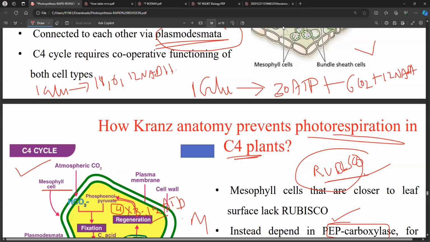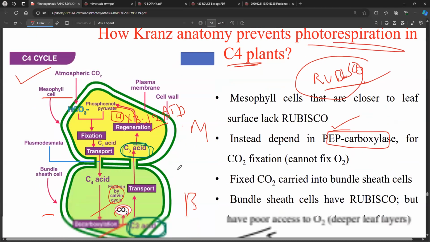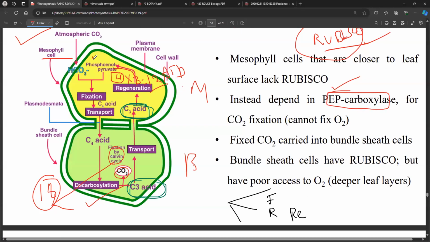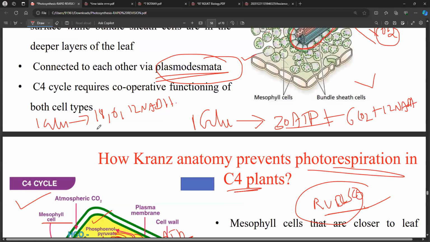Is there any confusion now? You can ask me. When one pyruvate is converted into phosphoenol pyruvate, there is a utilization of 4 ATP. The cycle occurs 3 times, so we are spending 12 ATP extra there. That's why in the C4 pathway it is 30 ATP, and in the C3 pathway only 18 ATP.